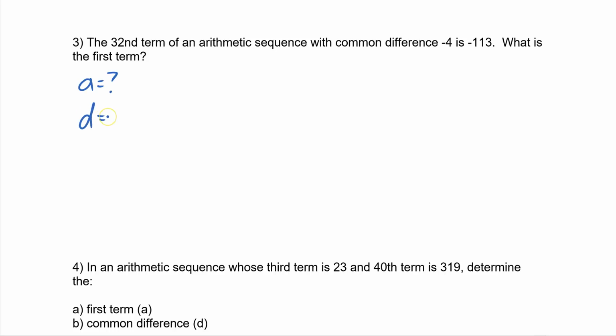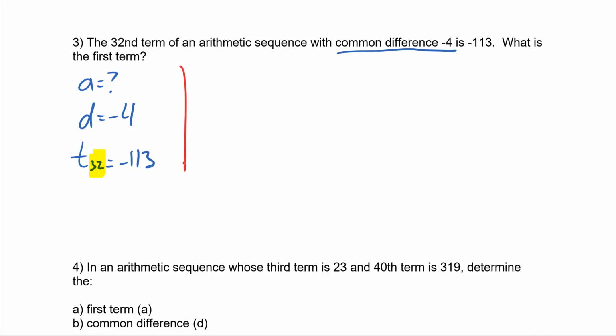Well, this question doesn't give me any part of the sequence, but it does say specifically that the d value, common difference, is negative 4. I also know that the 32nd term is negative 113. So t32 is equal to negative 113. So remember that this 32, that's actually our n value.